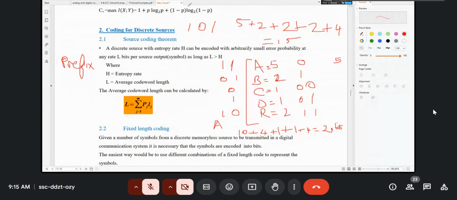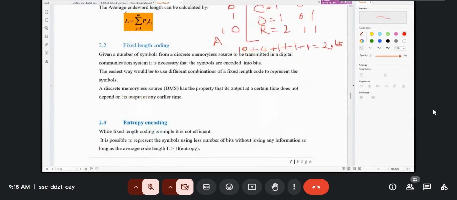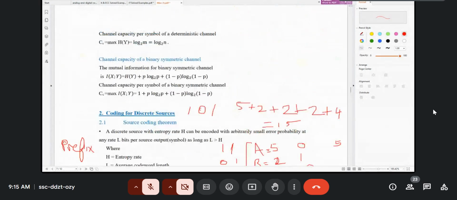Once you see the code, you can decode it without looking at the next one. When that is possible, we say it's instantaneous. So instantaneous is sometimes also used to mean prefix or prefix free, depending on the material. But for us, let's stick to prefix free code, not prefix. It's just use of terminology.